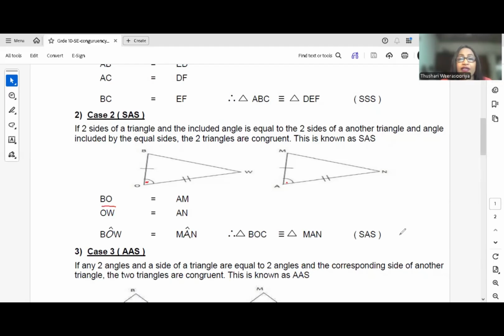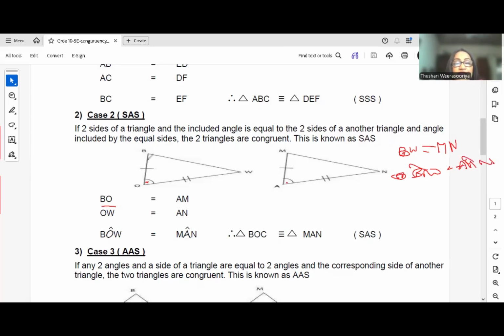Likewise, we can get the corresponding elements also. In this triangle, we get the corresponding elements. This is BW equals MN. Then we'll get the other angles. Now, two angles are remaining. Angle OBW equals angle AMN.